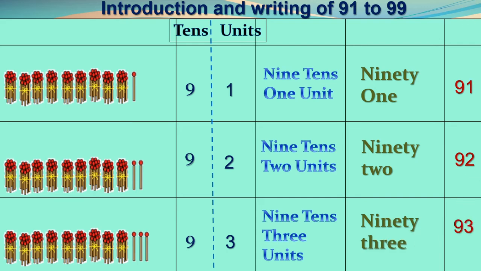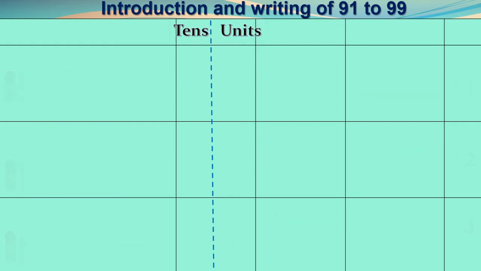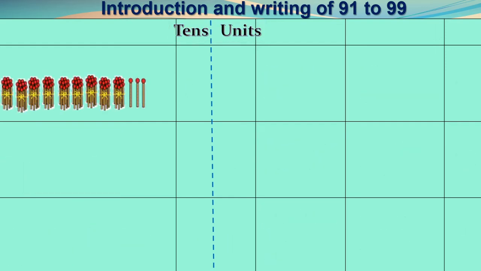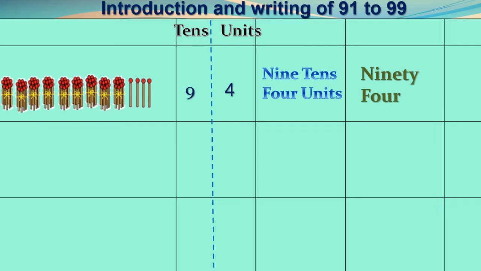90 and 3. Okay. Our next number is, we are going to add one more to 93. So our tens are 9 and 4 units. Right? Okay, our number is 94. In numerals 90 and 4.